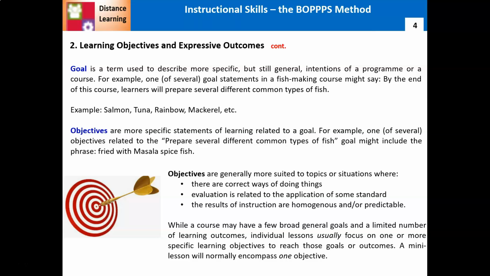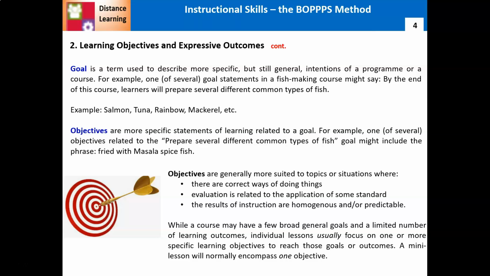So the term objectives refers to more specific statements of learning related to a goal or even an outcome. For example, one or several objectives related to the goal of preparing several different common types of fish might include the phrase fried with masala spice fish. Masala is a spice that can be used.